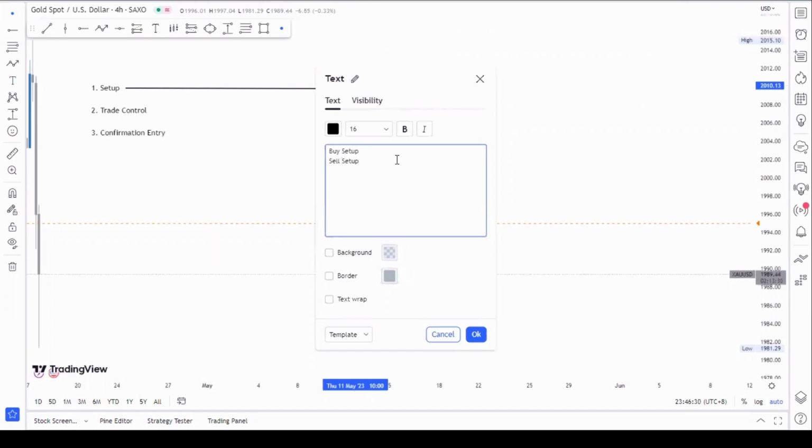Buy setup is engulfing buy and engulfing fail to buy. Sell setup is engulfing sell and engulfing fail to sell.